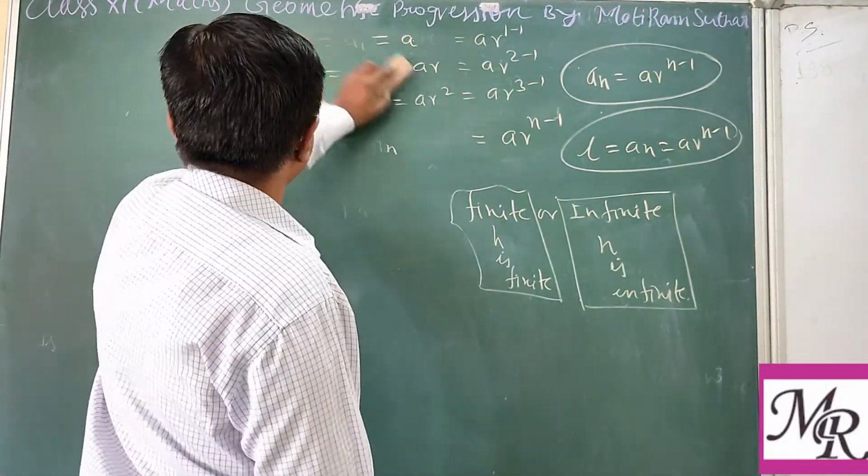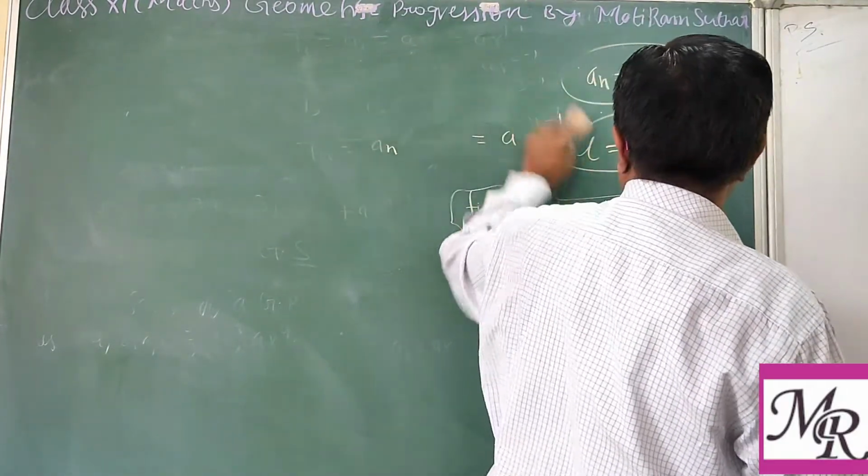Now we see the sum to n terms of a GP. How to find the sum of n terms of a GP?